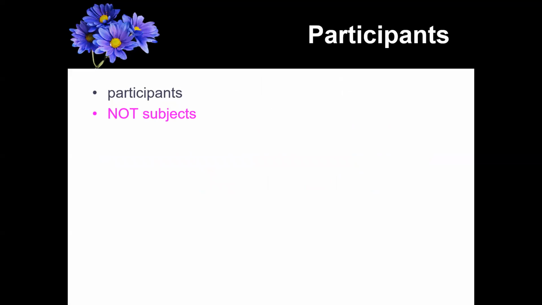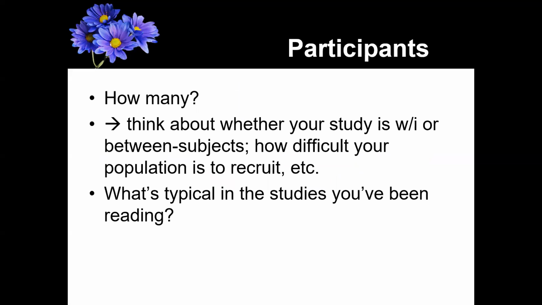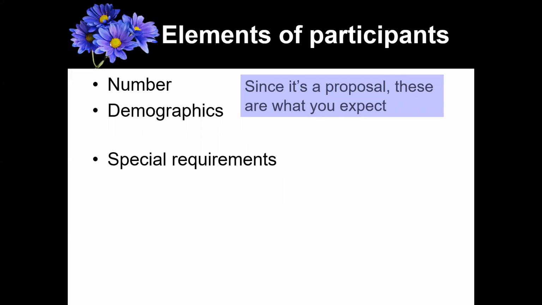Okay, so we'll go through each of these in detail. For participants, it should of course say participants, not subjects. And you should include the number of participants, the demographics, and any special requirements. There's a couple more, but we're getting to those.